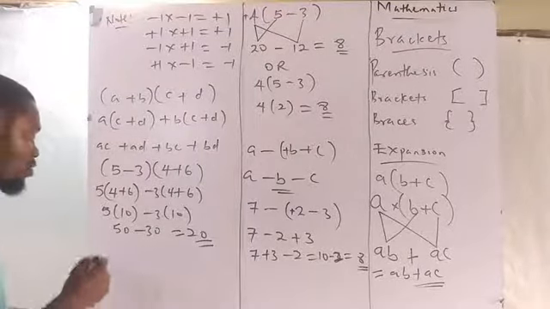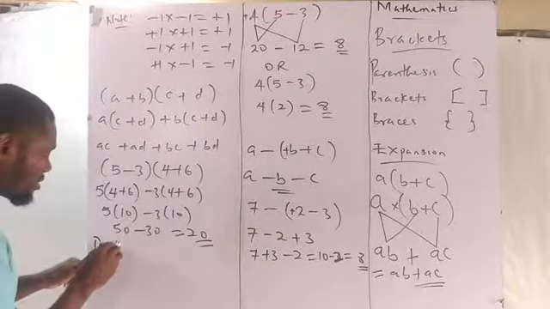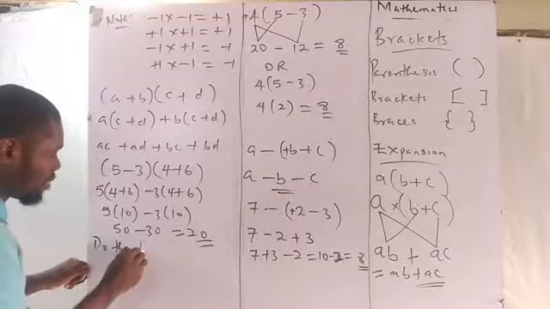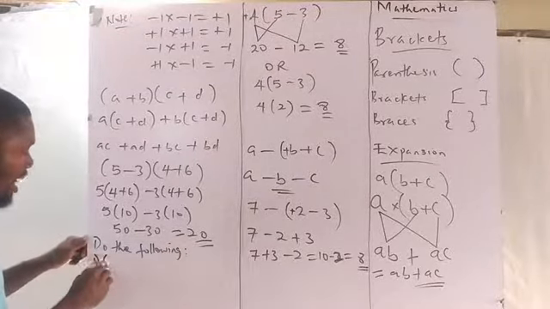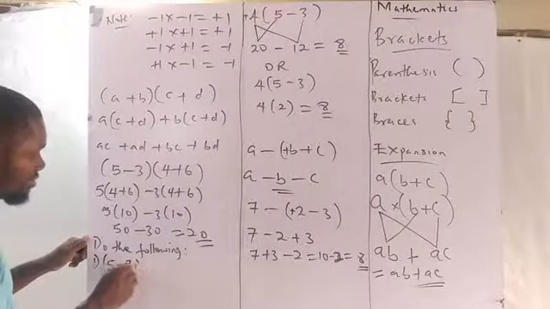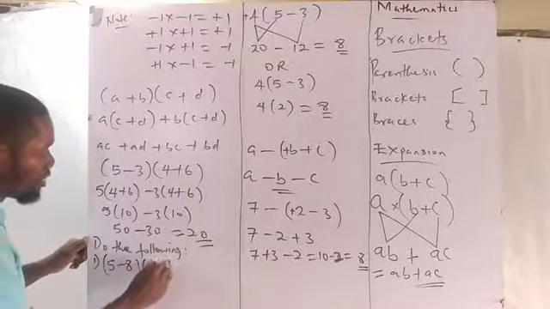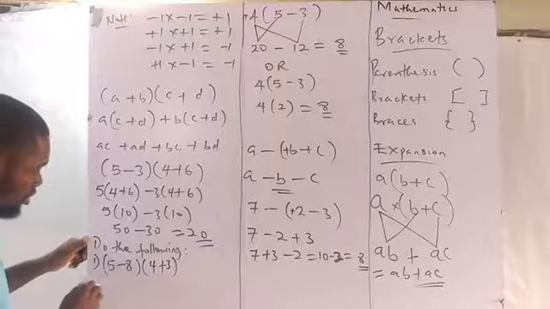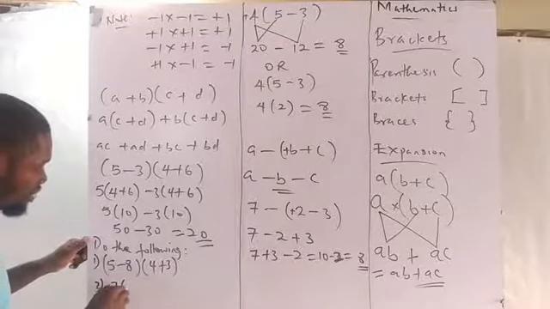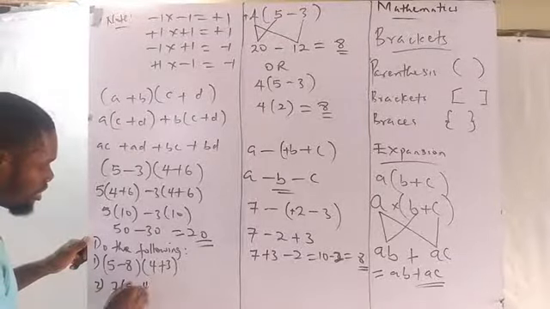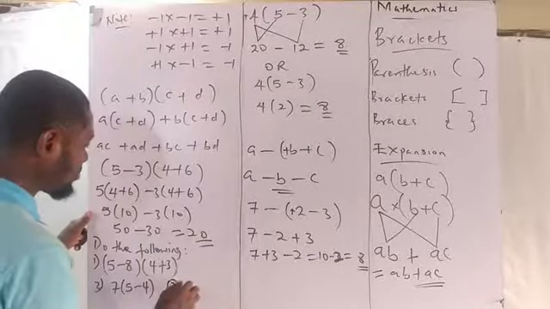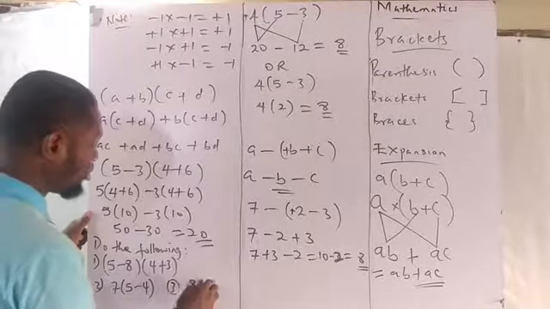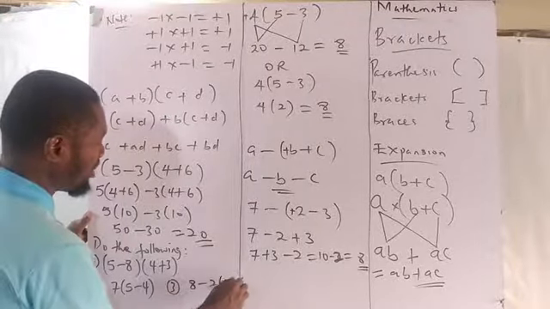Expand these quickly. Do the following. Expand these brackets yourself. Number 1, you have (5 minus 8) into (4 plus 3). Number 2, you have (7 into 5 minus 4). And number 3, you have (8 minus 2) into (4 plus 6).